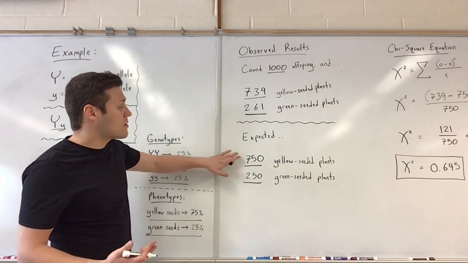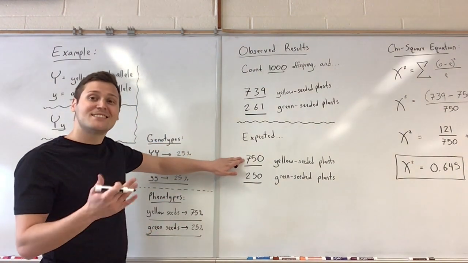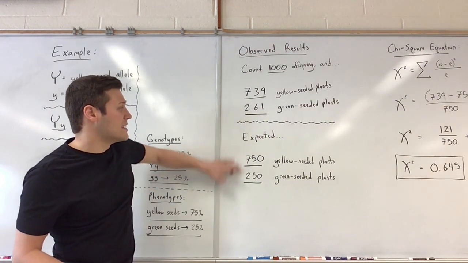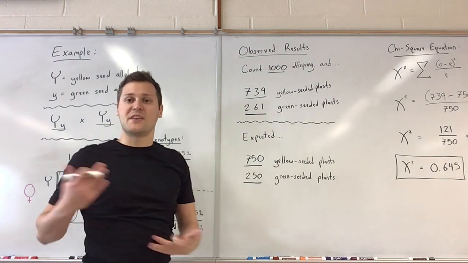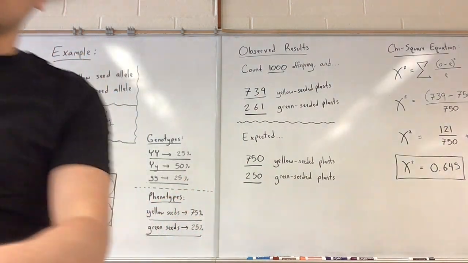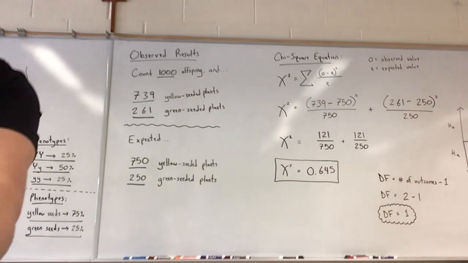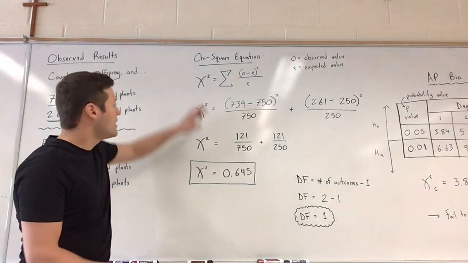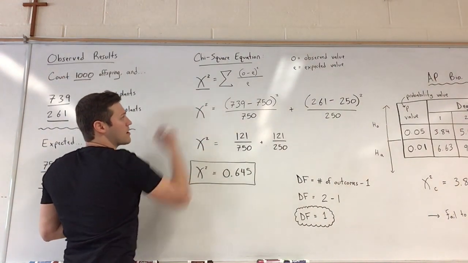We want to make sure that this is not significantly different from this, and same thing with the green seed observed and expected values. So in this case, we do the chi-square test using the chi-square equation. So the chi-square equation, so this is the chi-square value.